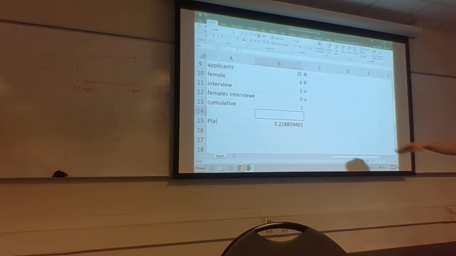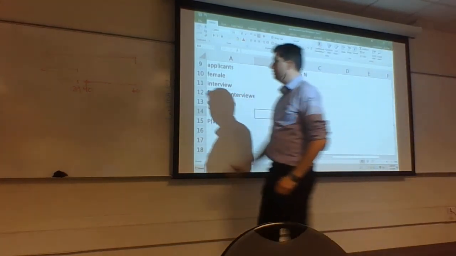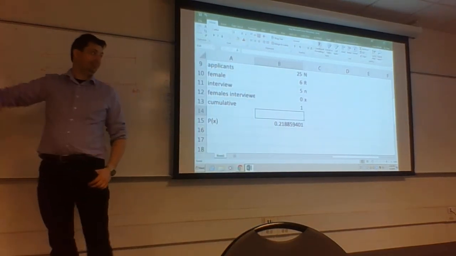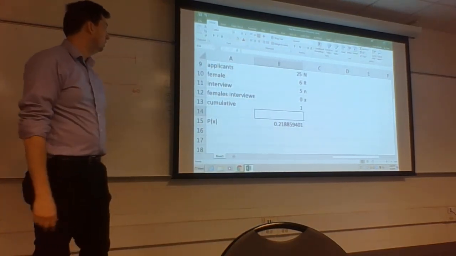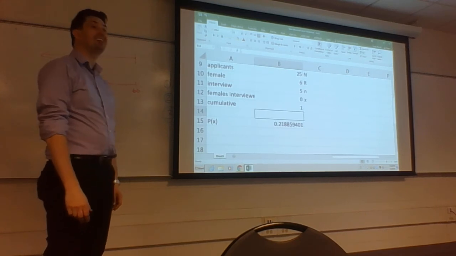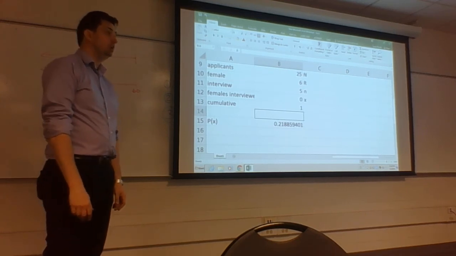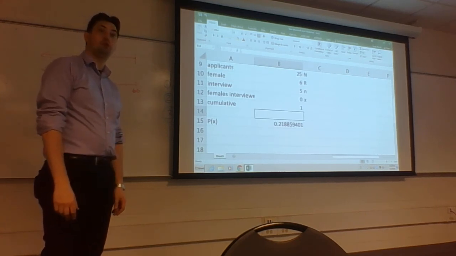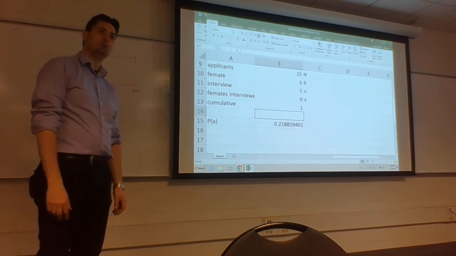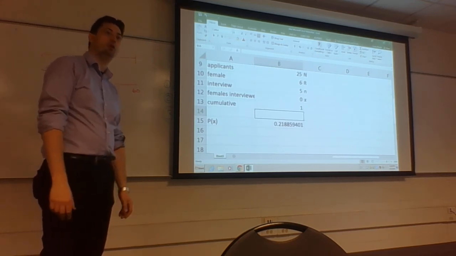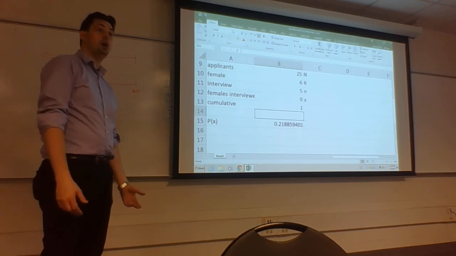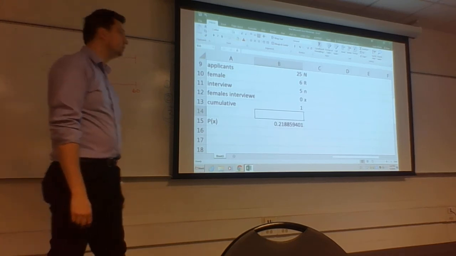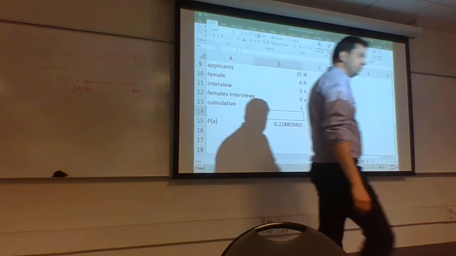Keep in mind what the cumulative function represents. The value or less. We're looking at 0. Do you have exactly 0 women interviewed or fewer than 0? Well, since you can't get fewer than 0, in this case, no, it hasn't changed at all. So we can put in 1 or 0, it doesn't matter.